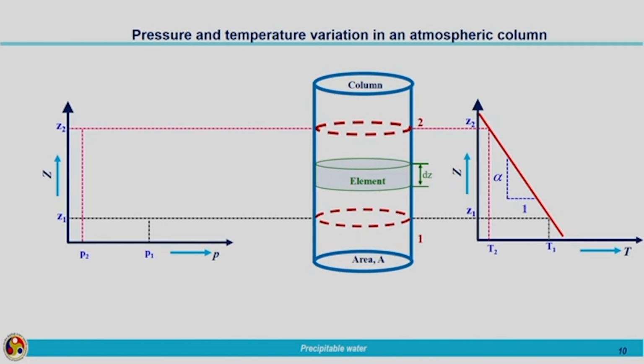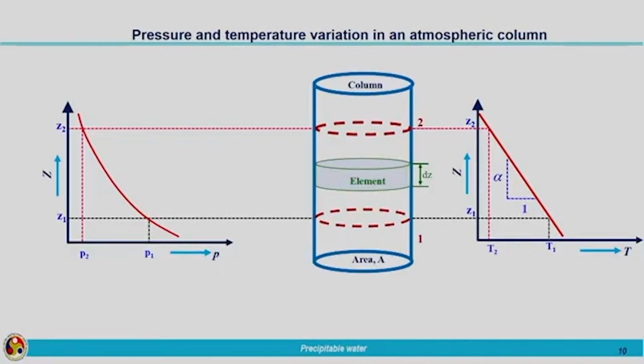Now, if I am plotting the pressure variation with respect to altitude, I have to look into the equation which we have derived, which shows the relationship between P2 and P1 is a non-linear relationship. It will take this shape. We can plot it by taking different values of temperature and pressure.